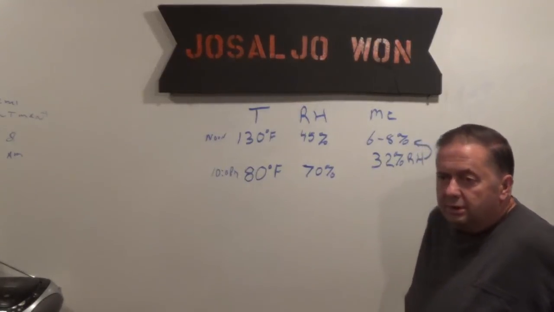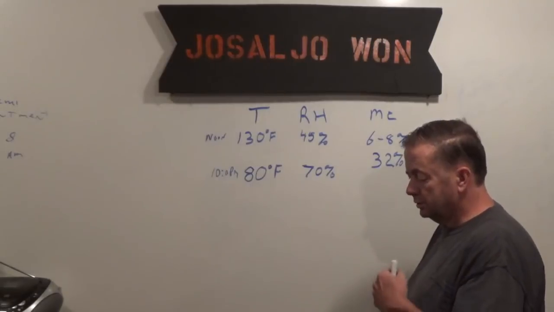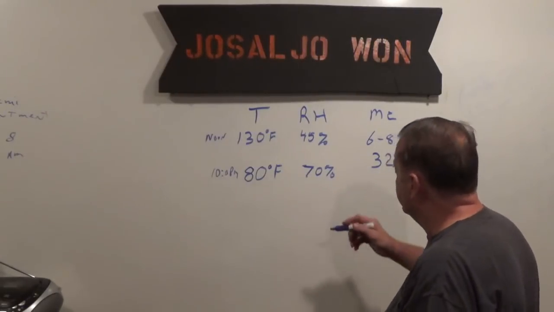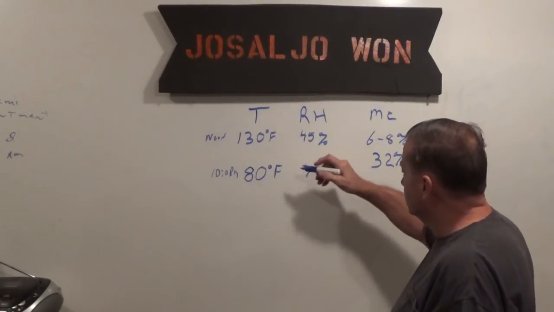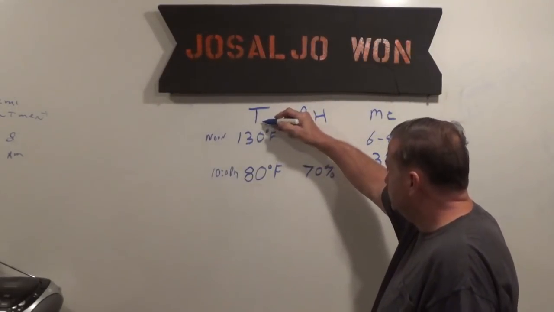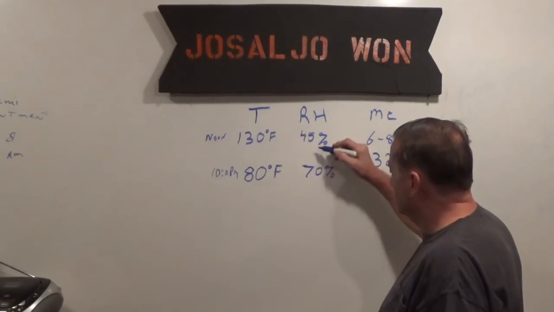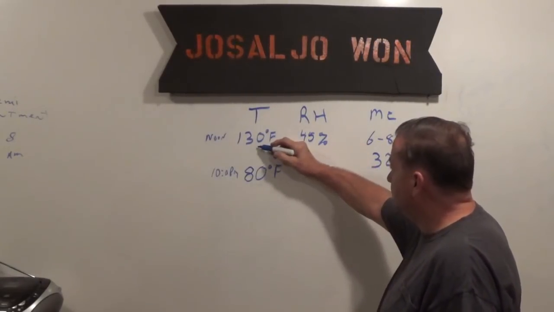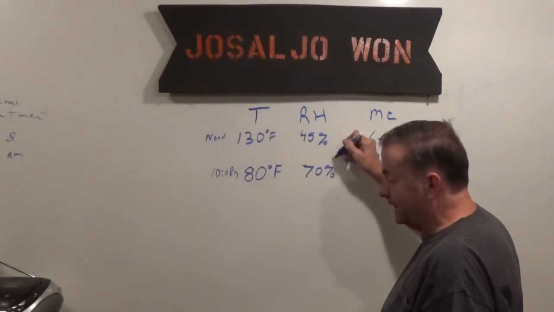Now, these numbers that I'm giving you actually were from yesterday, before I put the dehumidifier in. And what I'm going to explain to you again, so you understand this, is when the temperature goes down, relative humidity goes up. When the temperature goes up, relative humidity goes down.